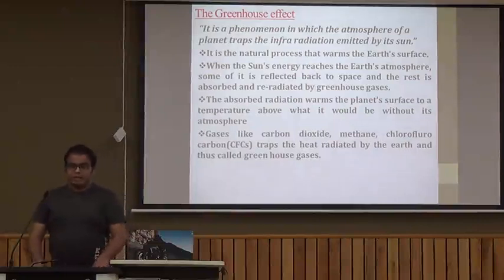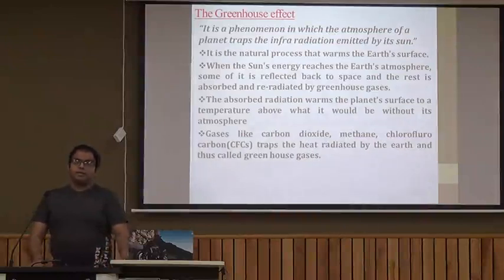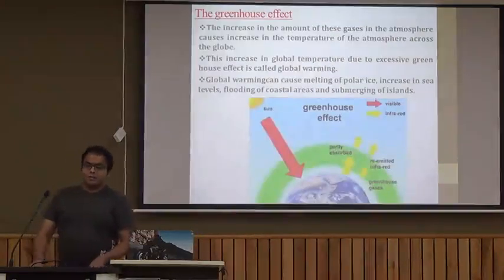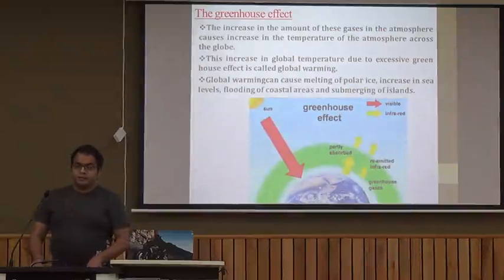Now, gases like carbon dioxide, methane, and chlorofluorocarbons trap the heat radiated by the Earth, and thus they are called greenhouse gases. Remember, carbon dioxide is always the major contributor to this effect. Because of the increase in greenhouse gases in our atmosphere, we are seeing a lot of changes in our climate.